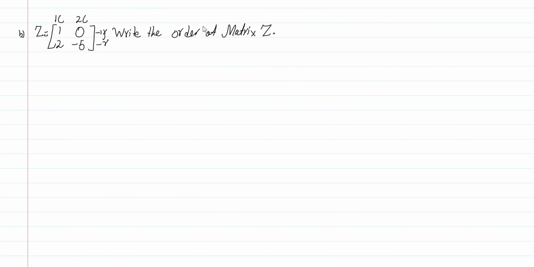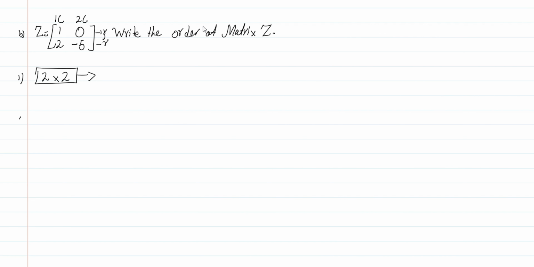So according to the criteria, you have to write down the rows first and columns after the rows. So there are two rows and two columns. So you have to write like this: 2 by 2. This is the order of matrix Z.